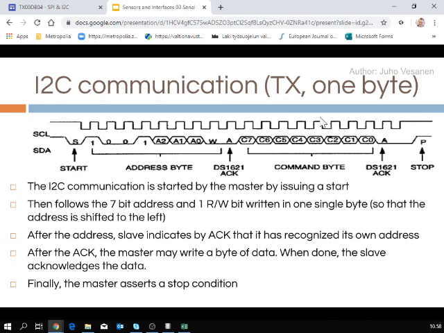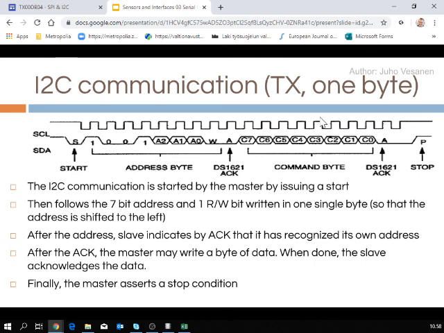At the same time as the clock is high, if you have the data line going low, all the devices know there's a start of transmission. Then it's followed by the address byte, 7-bit address, and ending with whether this is read or write.